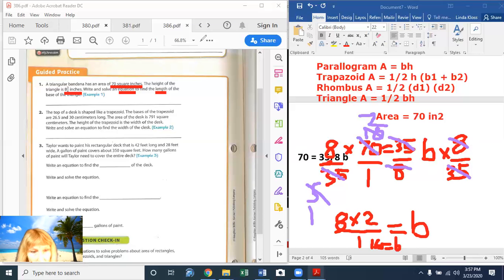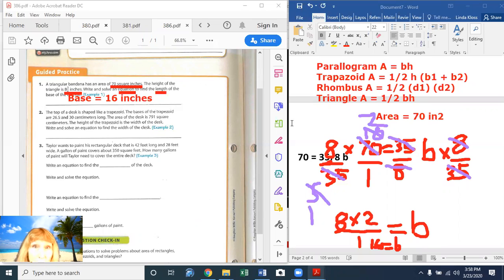So we found the answer, the base of our triangle. Base is equal to 16, and it's in inches. 16 inches. There. Base is 16 inches.